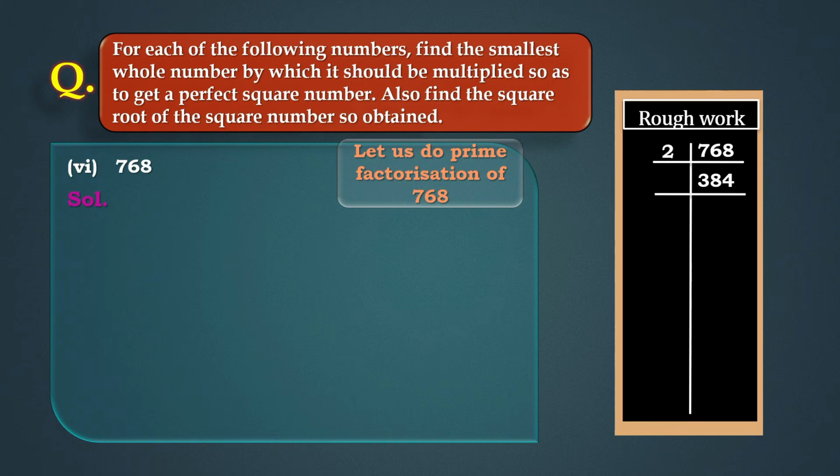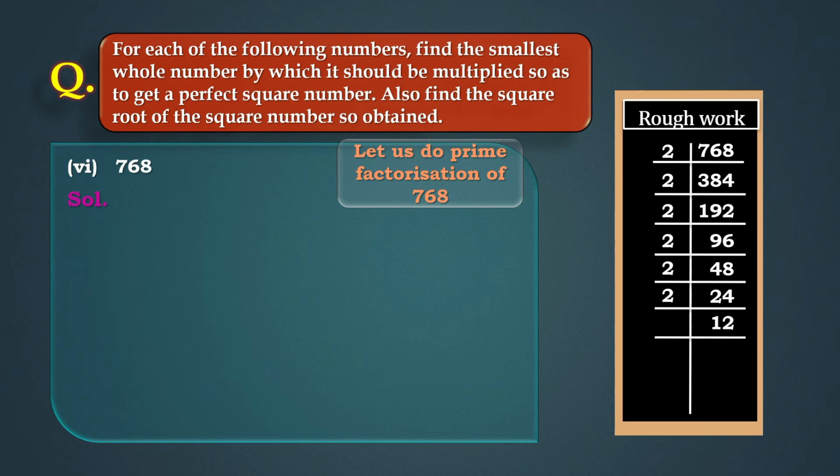768 divided by 2 gives 384. 384 divided by 2 gives 192. 192 divided by 2 gives 96. 96 divided by 2 gives 48. 48 divided by 2 gives 24. 24 divided by 2 gives 12. 12 divided by 2 gives 6. 6 divided by 2 gives 3.